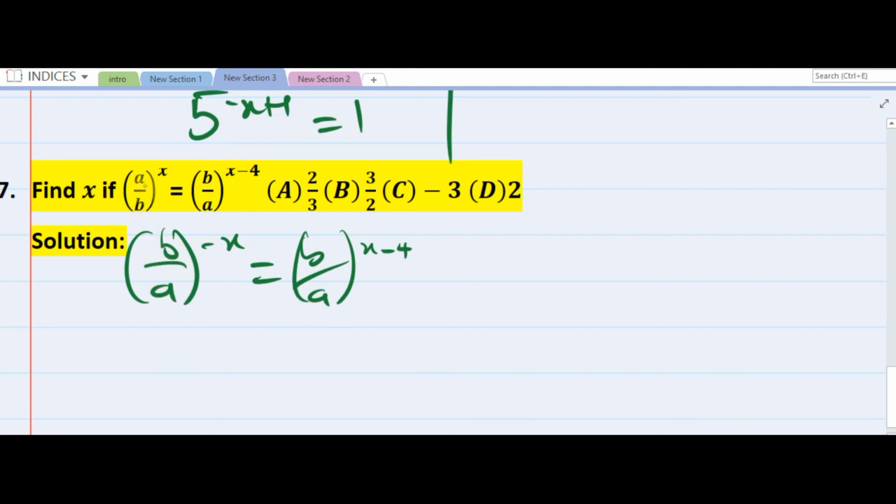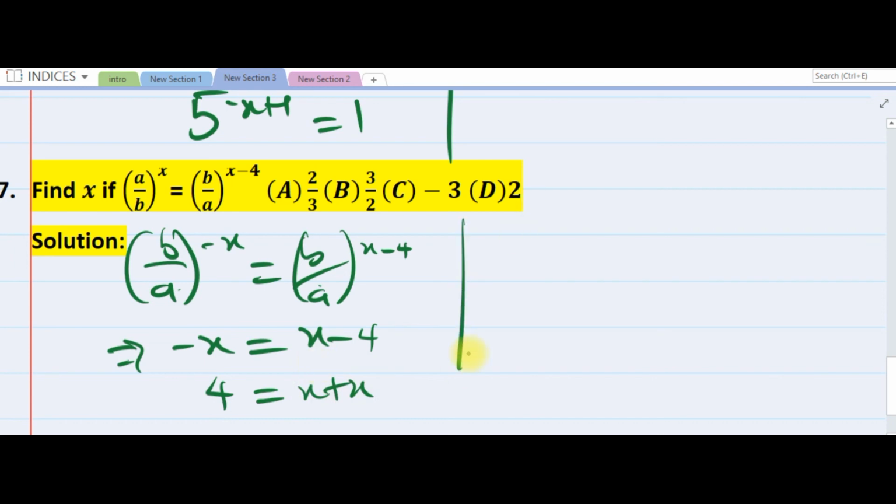So without changing the equation, this could be written as b over a raised to power minus x. They are the same. So again, the bases are the same, which implies that the powers must be the same. So minus x on one side and x minus 4 on the other, and x plus x is 2x equals 4. So dividing both sides by 2, x is 2. So our answer is D.